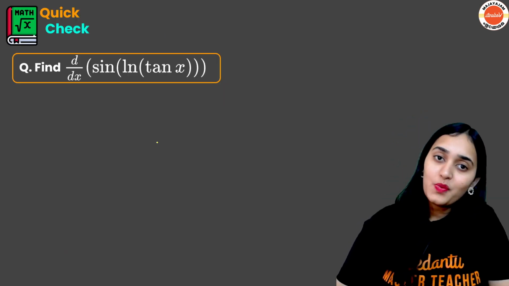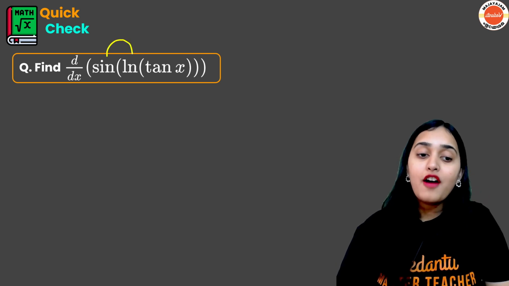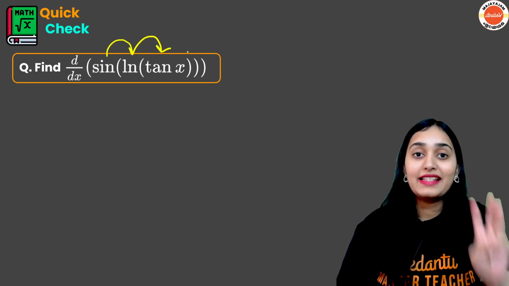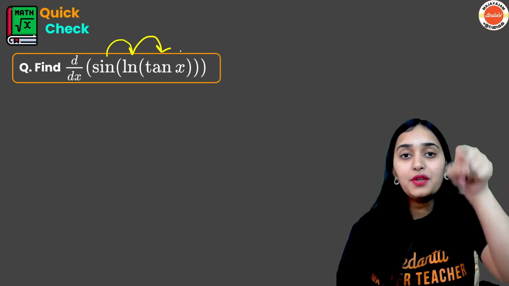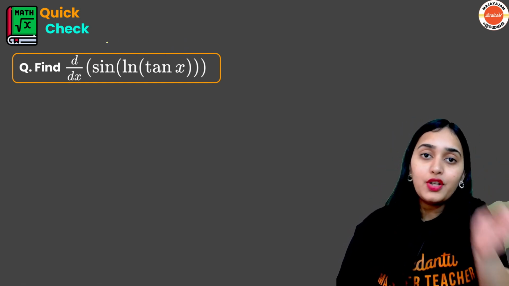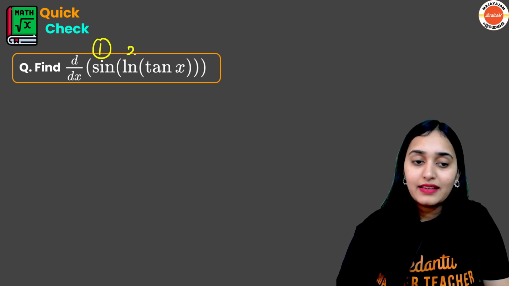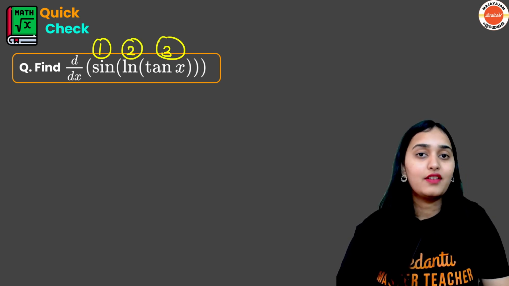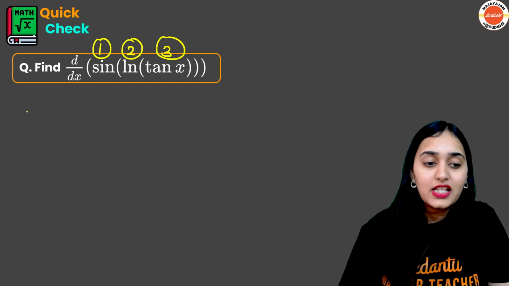Now let's do one example. Sine of log of tan x. See, three functions, 1, 2, 3. How will you differentiate it? What did I tell you? Left to right. First this, then this, then this. 1, 2, 3. So first what we will do?